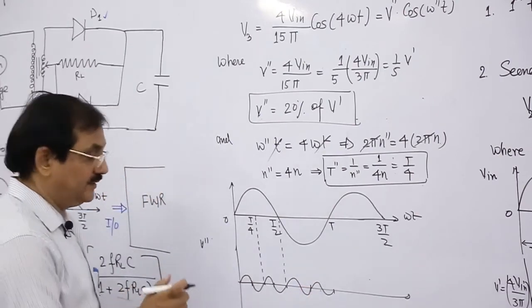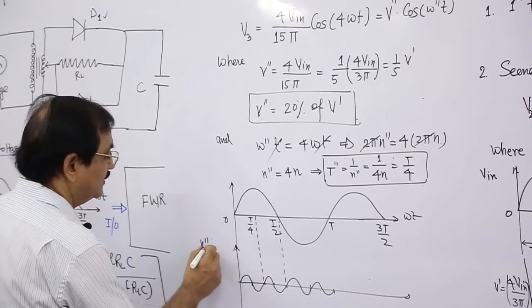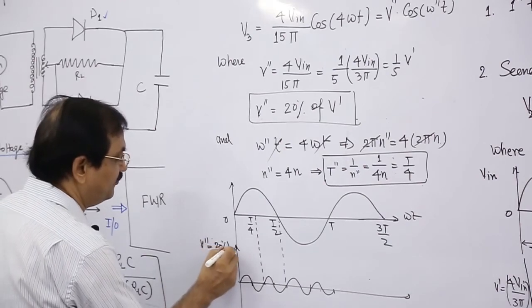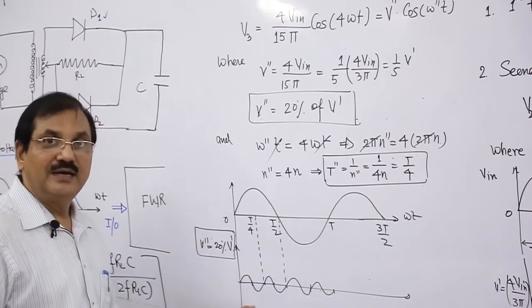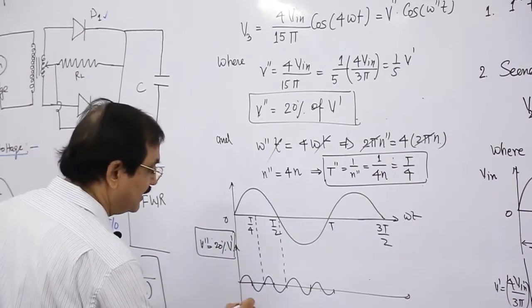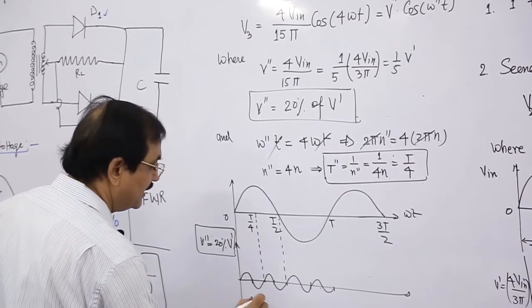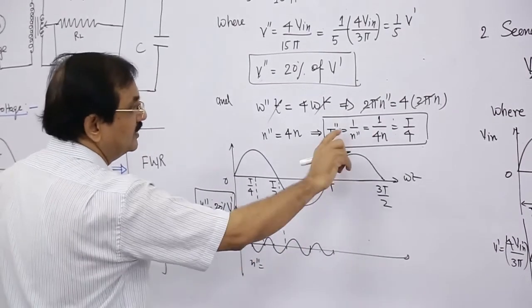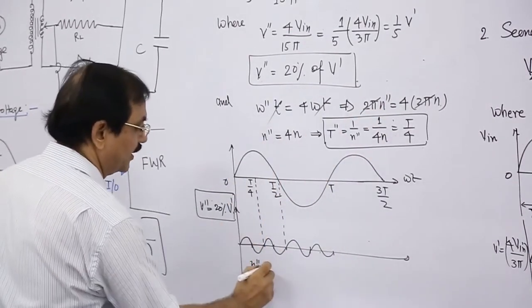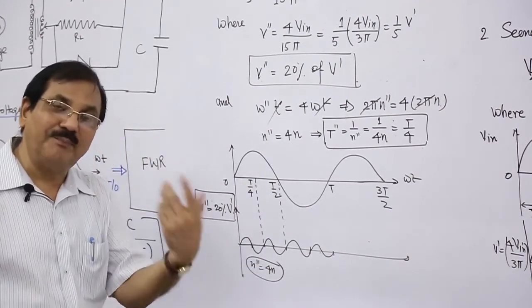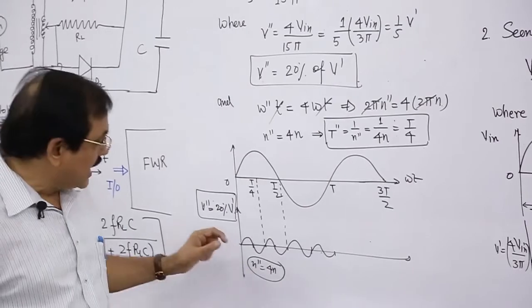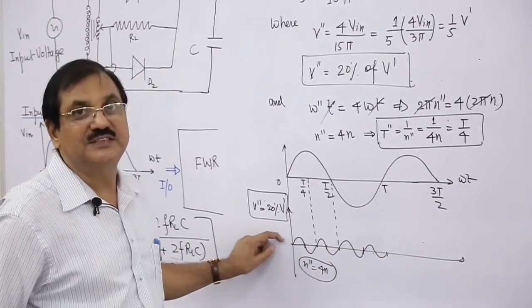So, what we find is that this is 20% of V dash, and n double dash is equal to 4n. So, the frequency component is going to increase and the amplitude component is going to decrease.